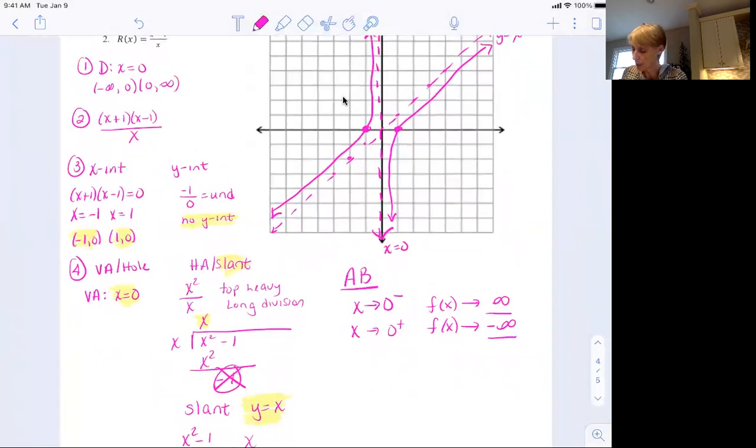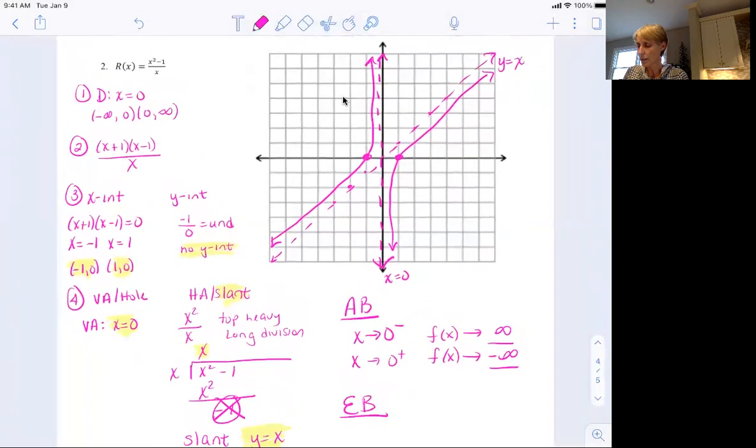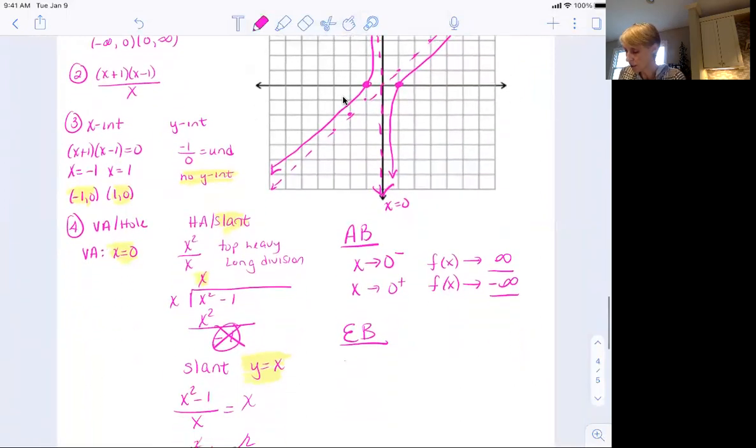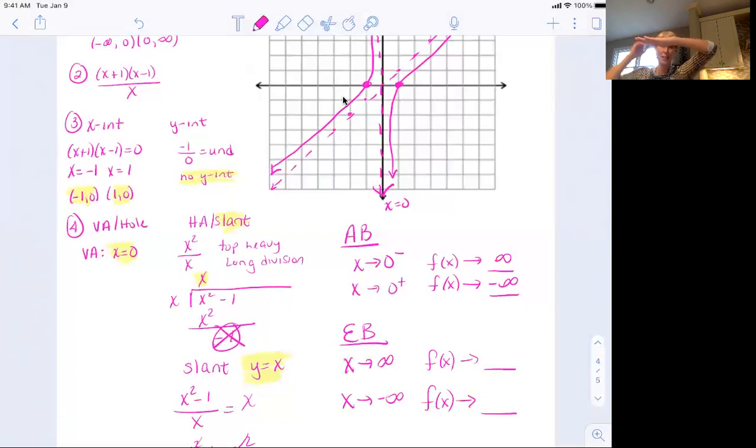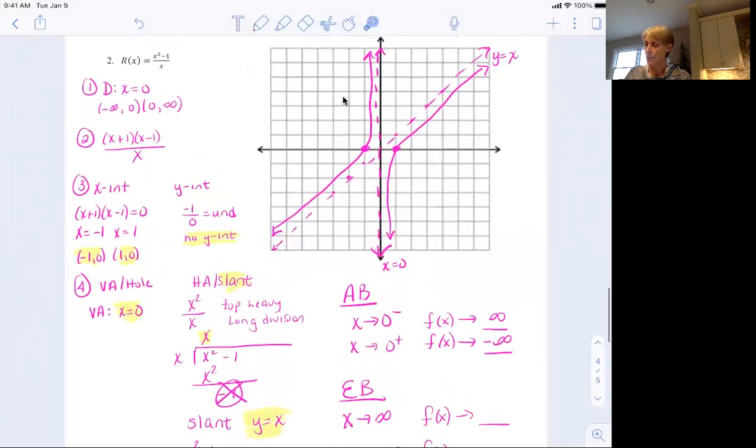And now my end behavior, this one's going to be a little bit confusing at first, but it won't be so bad. Remember, end behavior as x goes to infinity and as x goes to negative infinity. We want to describe what's happening to the y values. In the examples yesterday, since we had a horizontal asymptote, it was a number. But here, as x goes to infinity, your y values are just going to continue with that line.